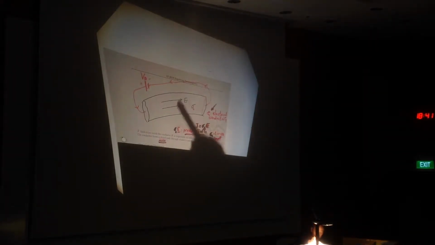If this is a good conductor with conductivity sigma C, we know J is sigma C times E. It is a mistake to say that the field inside a good conductor is zero. No, it's not. The field inside the conductor is small, but the conductivity is large, so the product J is finite. It is a common mistake to say that in a good conductor the field will be zero. It's very, very small, but not zero, unlike in static equilibrium.